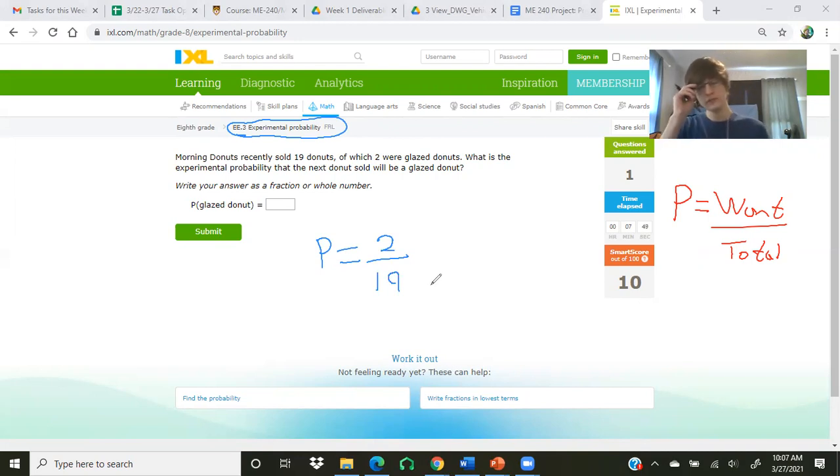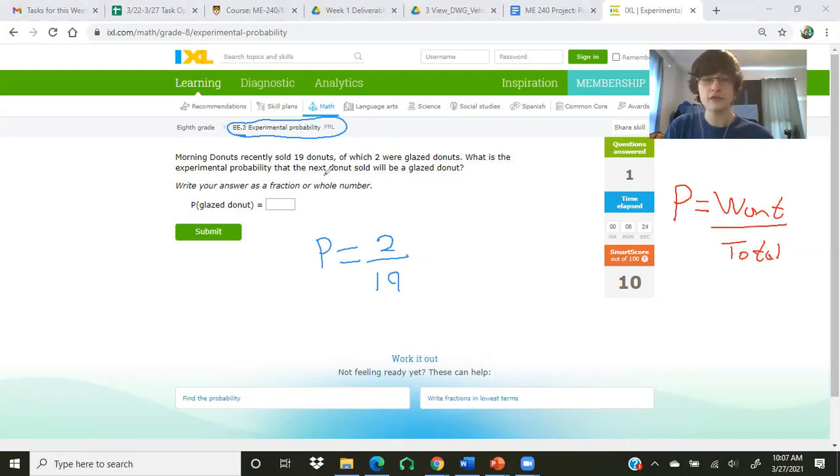Now, what's interesting about experimental probability is it's pretty much the same thing as regular probability. It's just got a fancier name. So with that in mind, to find the probability that the next donut will be glazed, you use the probability you found from the experiment you've already done, which was the 19 and 2, and that'll tell you the probability that the next event will occur.